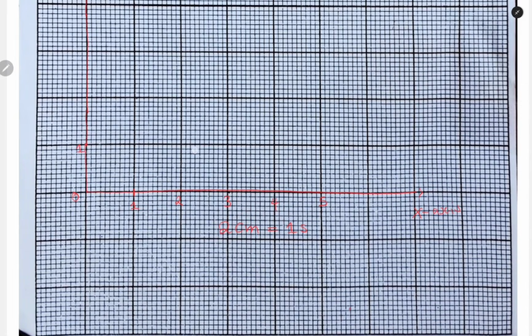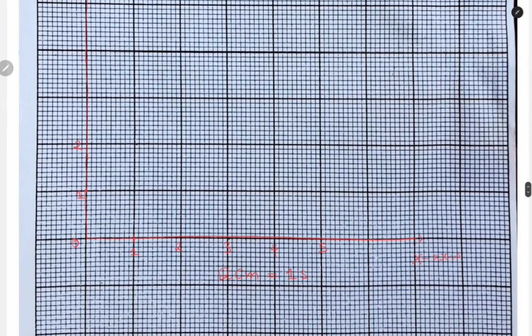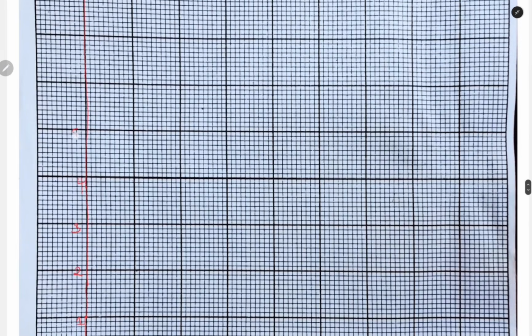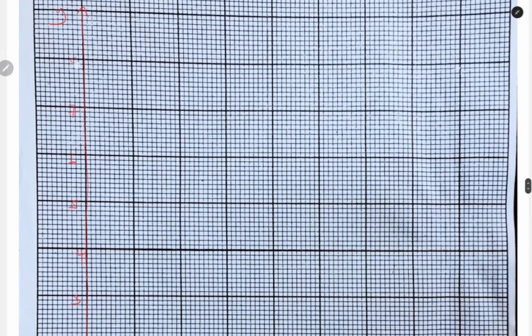Let's say 1, 2, 3, 4, 5, 6, 7, 8. Okay, it happens that 1 is going to sustain me. Now, what is the scale that I'm going to go with here? So 2 centimeter equal to 1 meter per second. But of course, you can choose any other scale, it will still be accepted.